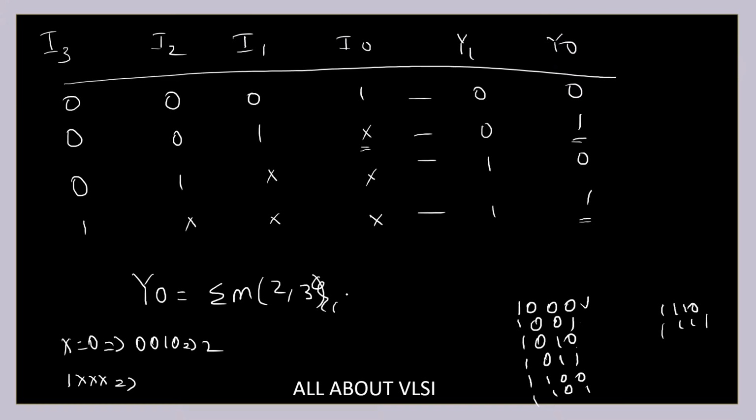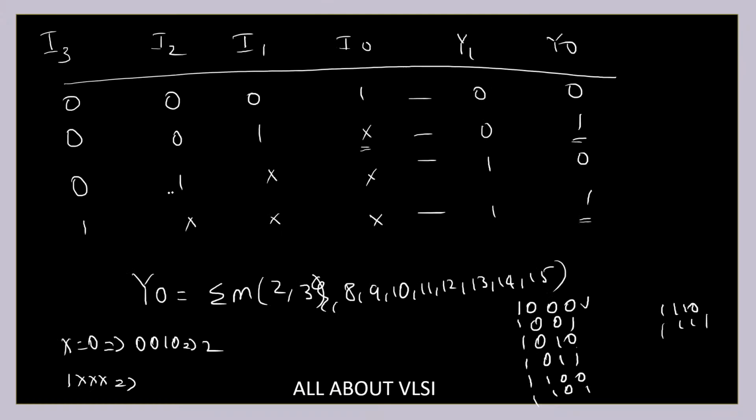So 2, 3, 8, 9, 10, 11, 12, 13, 14, and 15. These are all the minterms. They are not don't cares. Many people simply write them as don't cares; please don't write them like that. These are all minterms, and this is nothing but the minterms for y0.